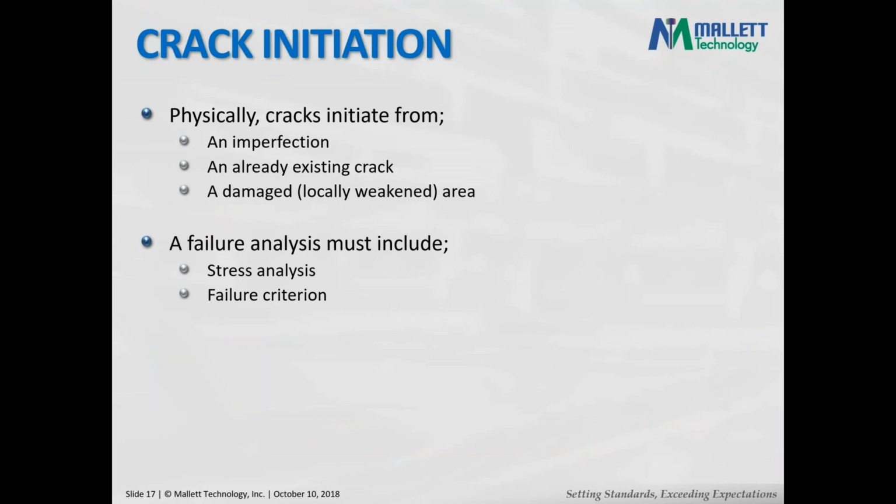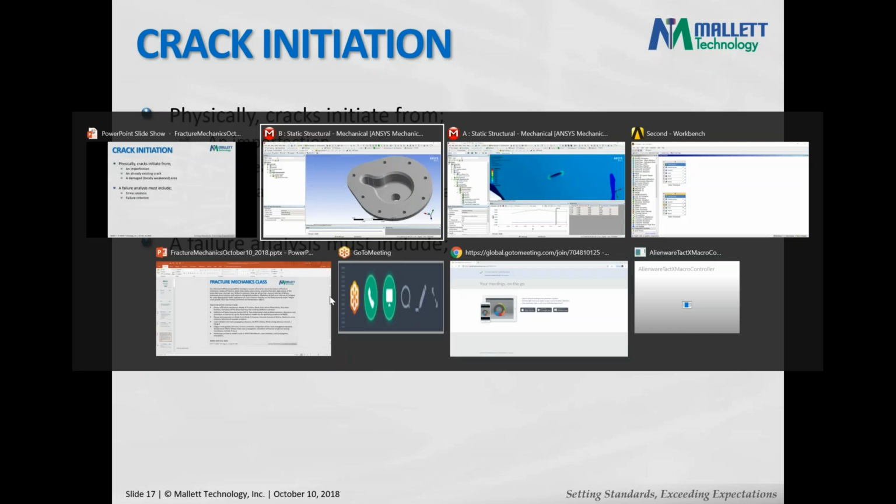And so as an engineer, we have to do a failure analysis to see what's going to happen with this crack. A failure analysis has to include a stress analysis and a failure criterion. And this is where ANSYS comes in. This is where we do the stress analysis, and then we also apply the failure criterion in ANSYS.